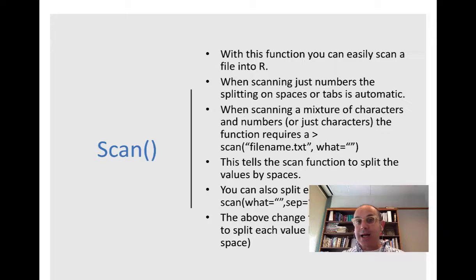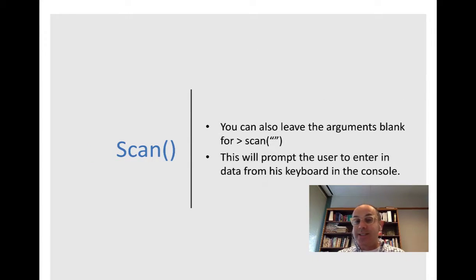As I said last time in module number 7, scan is a function that scans a file. So the idea here is that you scan a text file, and see what it consists of. You can split each value by the scan command and give it a value true or false, or you can split each value by row instead of space. Those are the options that allow us to do the scan.